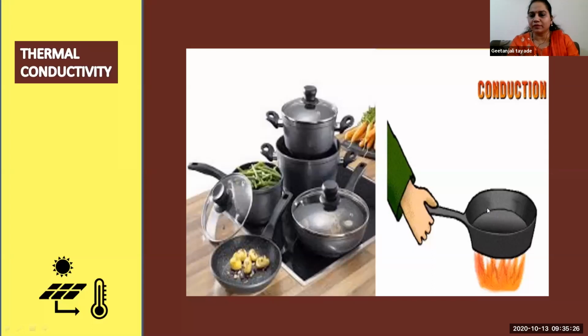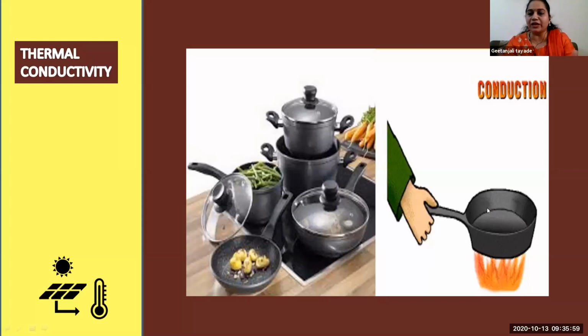Yes, miss. We can use the soil bowl also for that purpose. But have you used it before? No, miss. We are not continuously using that soil pot because it takes lots of time to heat up. If you have seen your mom while cooking, she keeps the utensil on a gas stove, and within 1 minute it gets heated up, and she starts cooking, means tadka lagana and everything.